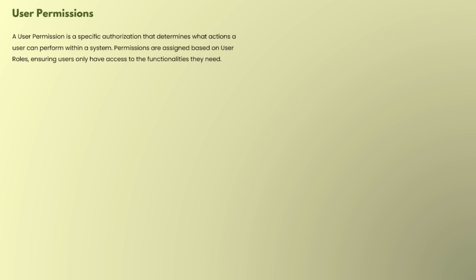A user permission is a specific authorization that determines what actions a user can perform within a system. Permissions are assigned based on user roles, ensuring users only have access to the functionalities they need. Permissions are like keys that let a user do certain things in the system, like view the data or make changes in the data.